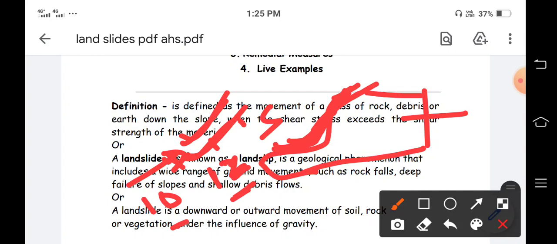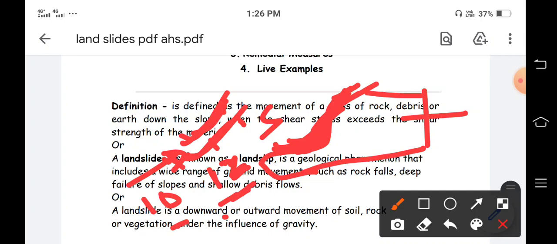If the shearing stress, suppose we assume 12 kilonewton per meter square, is greater than the shearing strength of 10 kilonewton per meter square, then obviously the shearing stress is greater than the shearing strength. The soil is allowed to slide or slip in this downward direction.